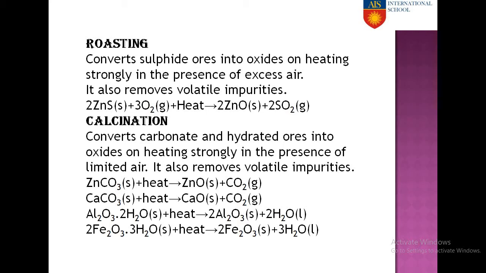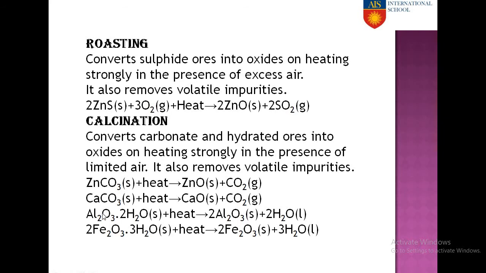volatile impurities. Okay, now zinc carbonate, in the presence of limited air, converts into zinc oxide and carbon dioxide. As it is a carbonate, it will definitely give us carbon dioxide. Similarly, calcium carbonate, with heat, gives us calcium oxide and carbon dioxide.